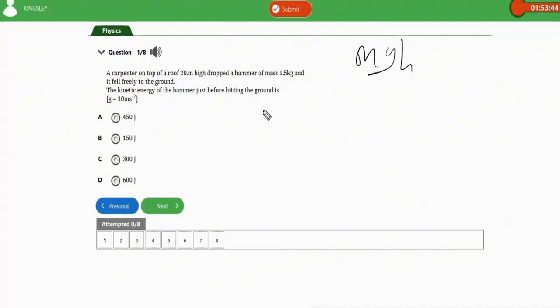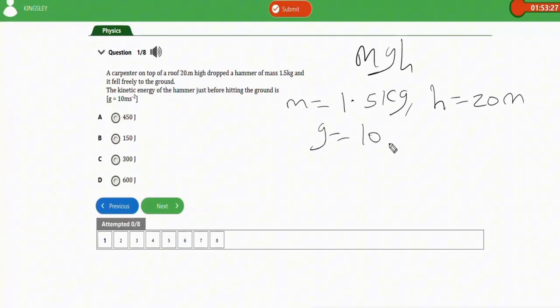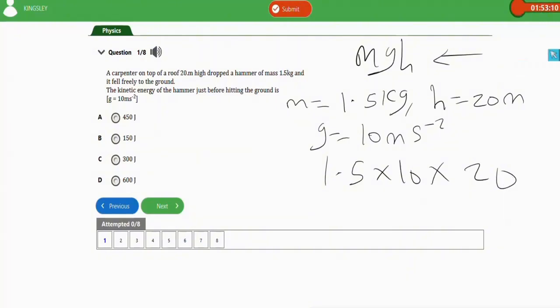So in this question we have our mass to be 1.5 kg, our height h to be 20 meter, and our acceleration due to gravity g is 10 meter per second square. So when you plug in these values in this expression, we need to have 1.5 times 10 times 20. So let's punch everything on the calculator.